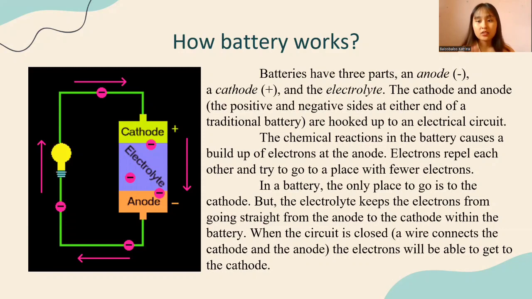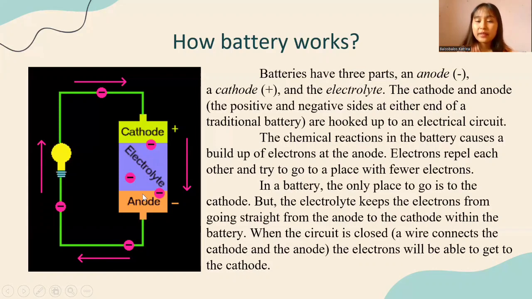The chemical reactions in a battery causes a build-up of electrons at the anode. So, yung sinasabi dito, merong mga build-up of anodes dito. Now, yung mga electrons sa anode, pipilitin nilang makapunta dun sa may positive terminal, which is the cathode.